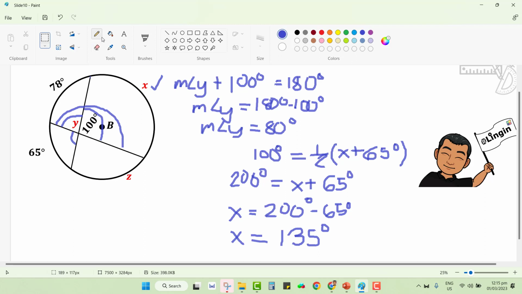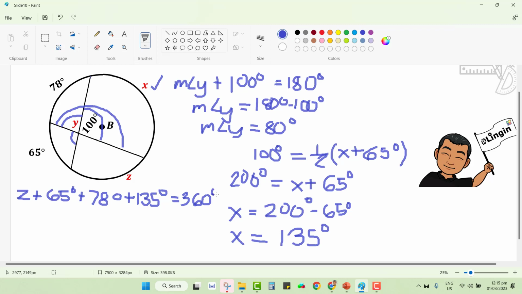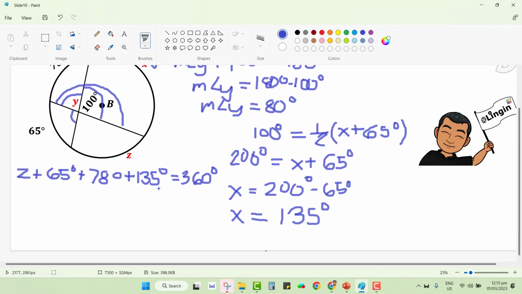It should be stated in this manner: z plus 65 degrees plus 78 degrees plus x, which is already 135 degrees, must be equal to the entire circumference of 360 degrees.